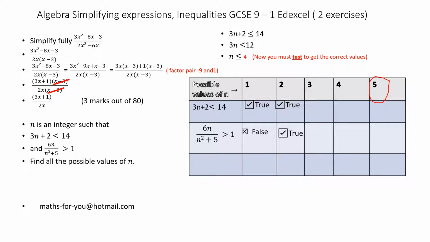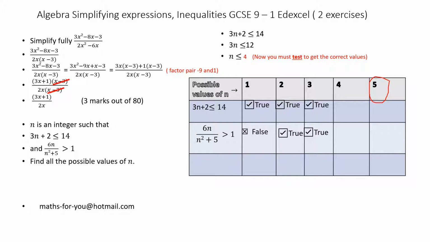And for 3: 3 times 3 is 9, 9 plus 2 is 11, 11 is less than 14, so that's okay. Now, 3 times 6 is 18, 3 squared is 9, 9 plus 5 is 14, divide 18 by 14, the answer is greater than 1, so that's okay there.